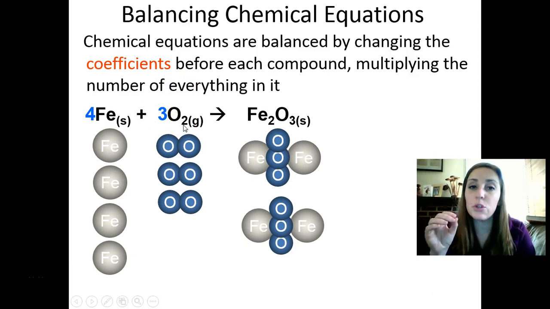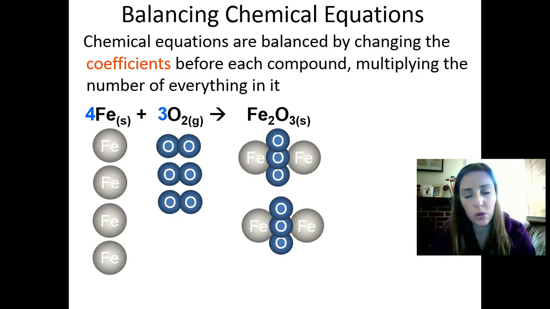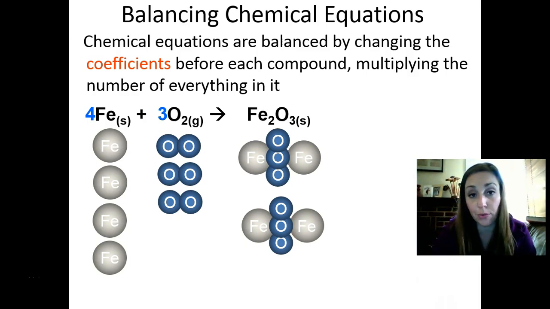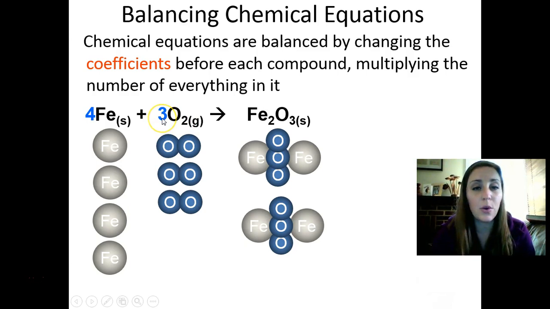Now, if you're trying to count the total number of atoms of oxygen, because I'm not going to necessarily have O2 in my product, like here we have O3 as part of my product, then I'm going to have to multiply. So every molecule here has 2 oxygen atoms. When I take my coefficient 3, multiply it by a subscript of that element, that tells you how many atoms of that element. 3 times 2 is 6, and notice I have a total of 6 atoms. How about over here?